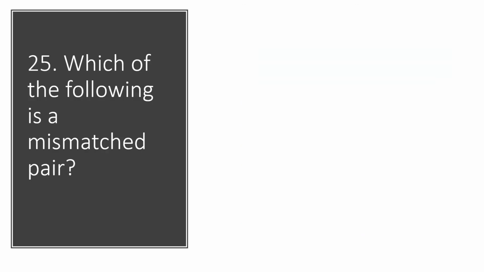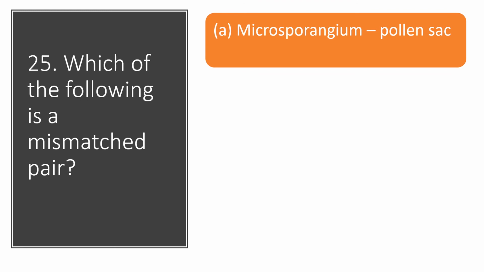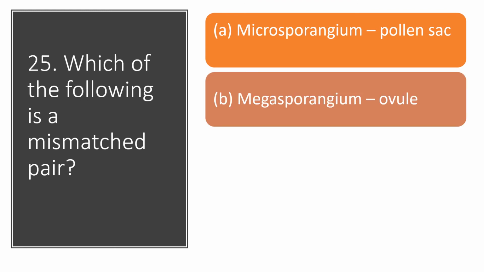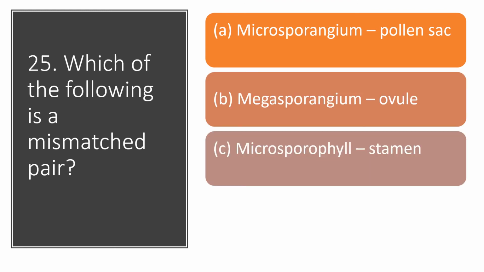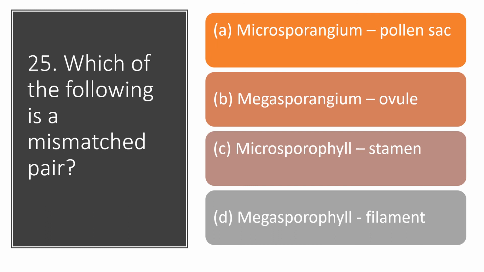Coming to the 25th question, which of the following is a mismatched pair? And the options are A, microsporangium, pollen sacs; B, megasporangium, ovule; C, microsporophyll, stamen; D, megasporophyll, filament. Okay, the first option, microsporangium, pollen sac, is correct. Megasporangium, also called ovule, is also correct.